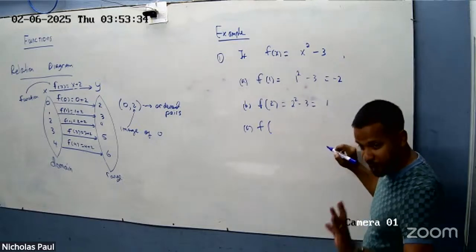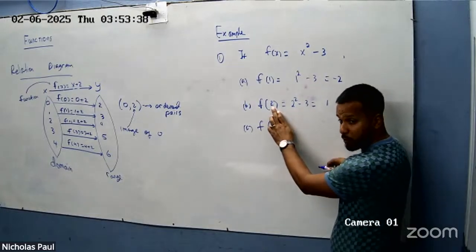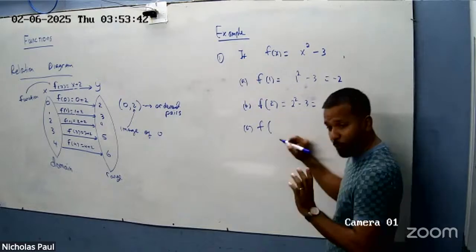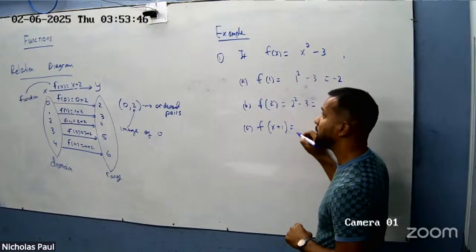So listen to what we did here. We replaced x with 2, and we did it here and here. Suppose it's something like this: x plus 1. What would you do?